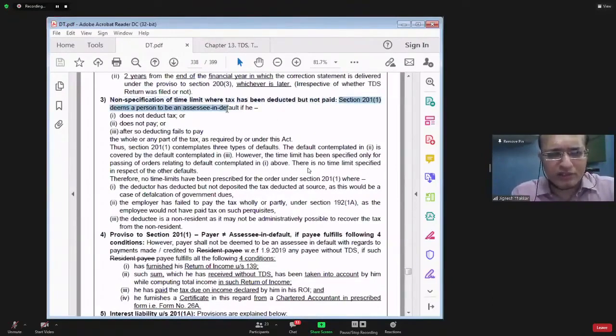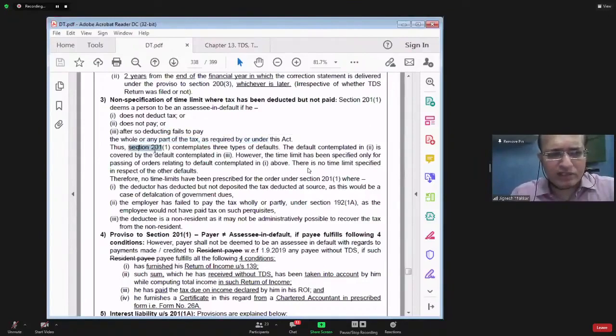Section 201, subsection 1 deems a person to be assessee in default if he does not deduct tax or does not pay tax, or after so deducting fails to pay the whole or part of the tax as required under this Act.